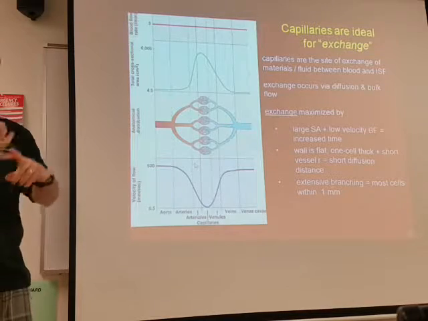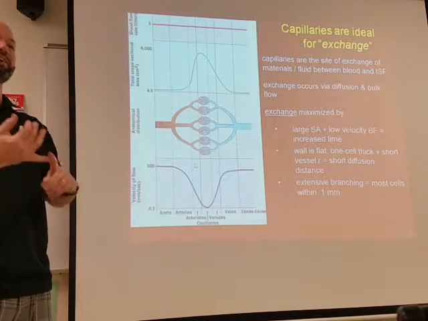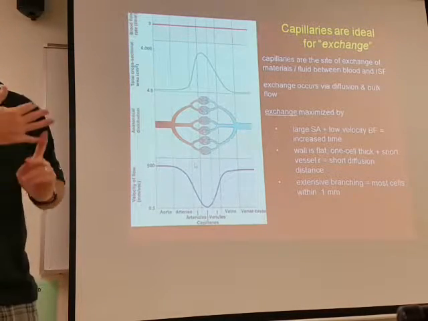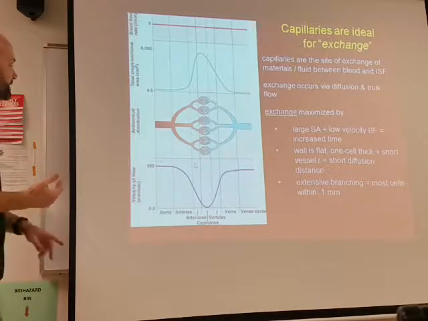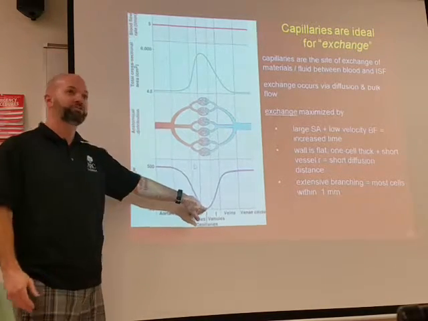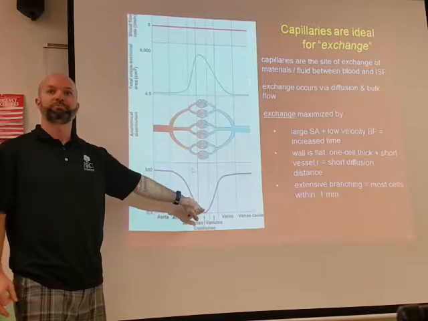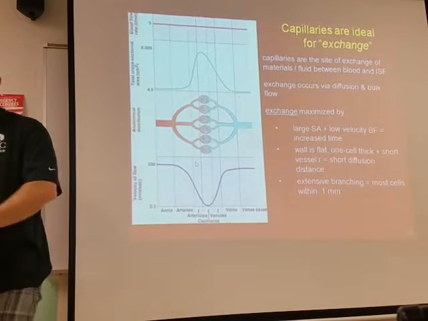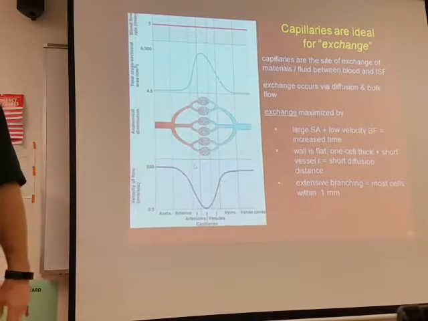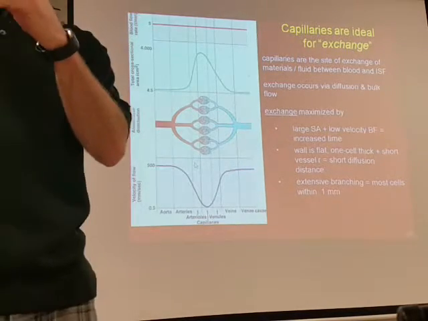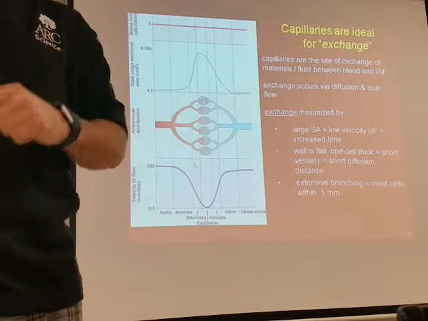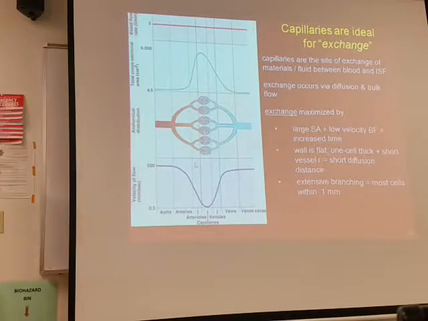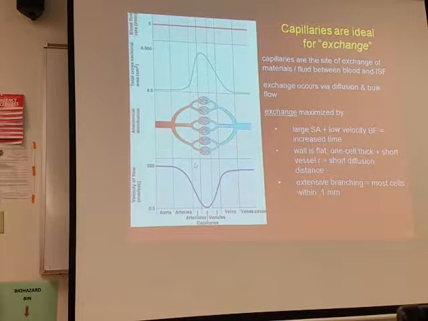The rule of thumb is the bigger the surface area, the higher the rate of diffusion, so more exchange. And then the benefit of the low velocity is time for those exchanges to take place, because diffusion takes some time. We don't want the blood rushing through the capillary so fast that oxygen doesn't have a chance to get out and CO2 doesn't have a chance to get in. We want plenty of time for exchange.